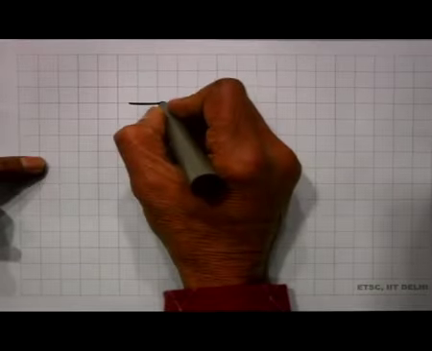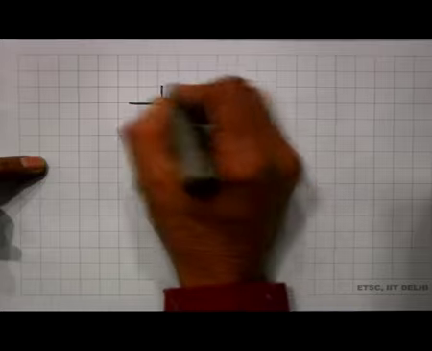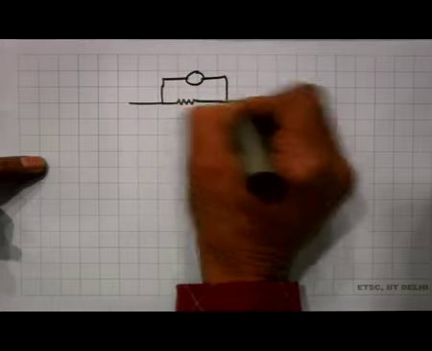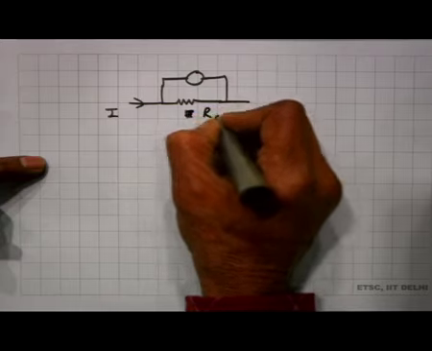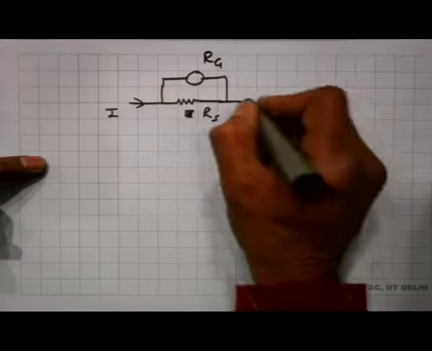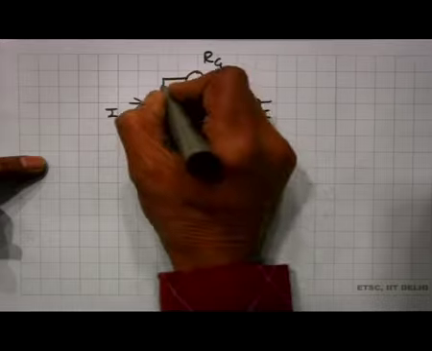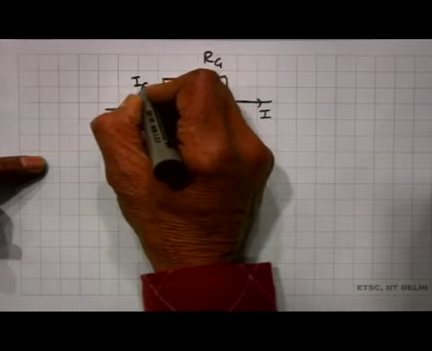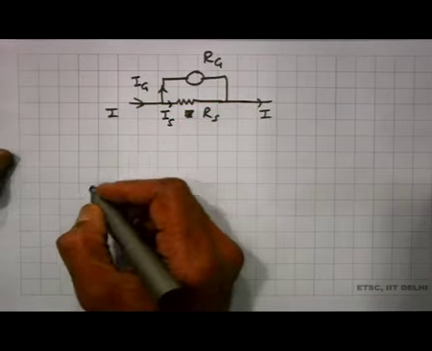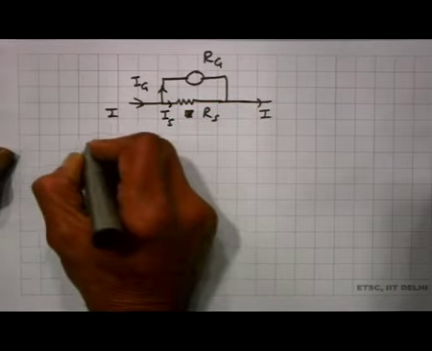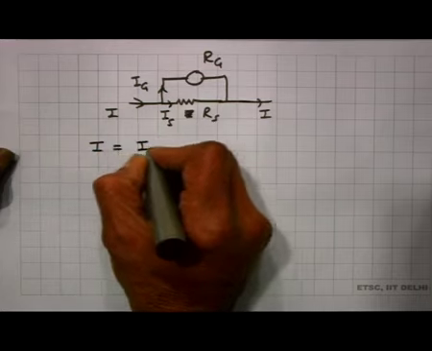So, this is my Rs, this is Rg, this is I coming from here, and I is going back here. Let me call this Ig and let me call this Is. So, I have total current I equal to Is plus Ig.